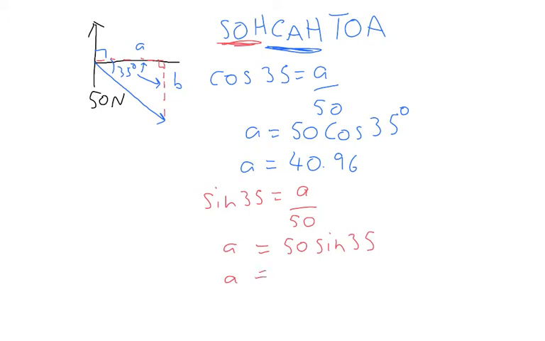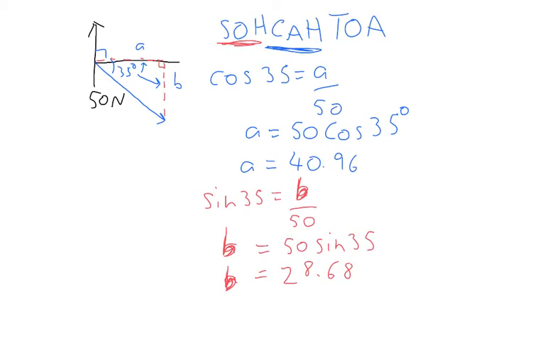B equals 28.68. My apologies, we're finding B here, not A. So B equals 28.68. Now, this is where it can get a little bit confusing for people. That's 28.68, yes, that's right.